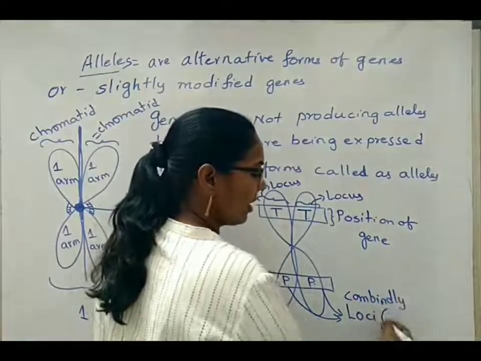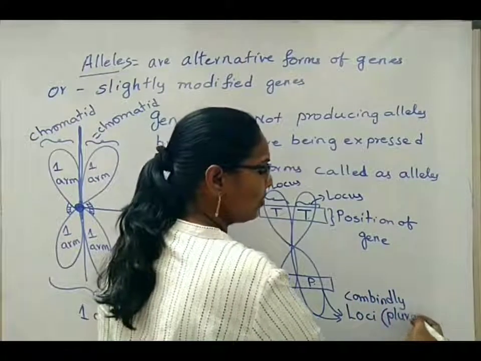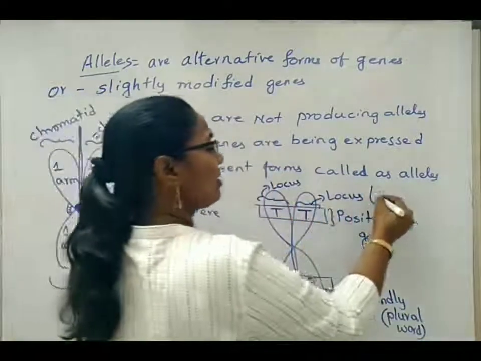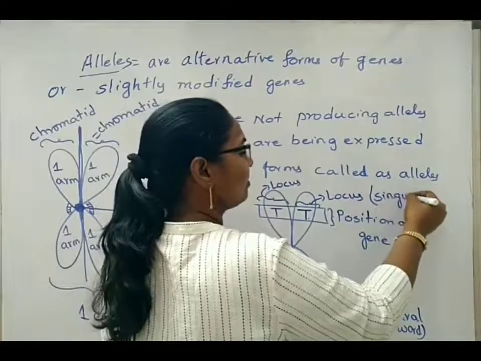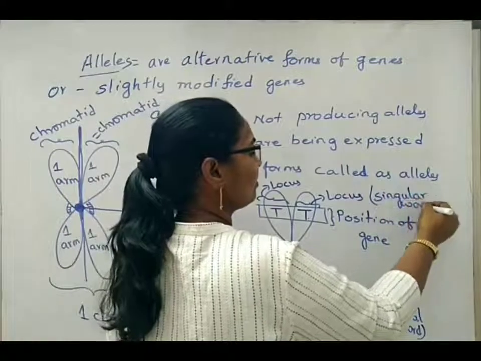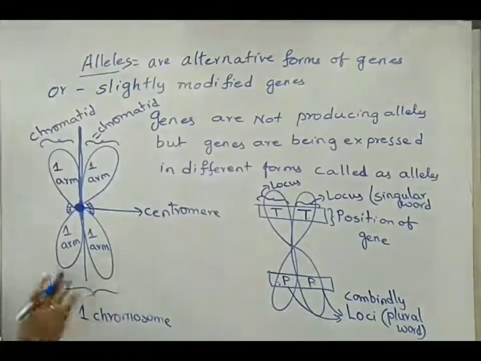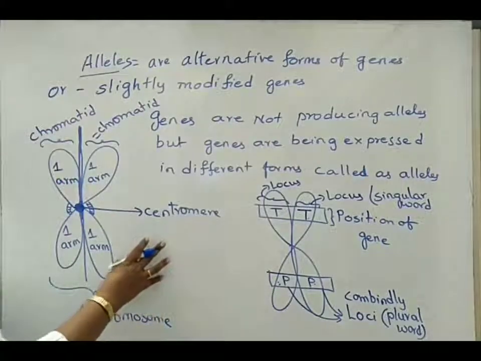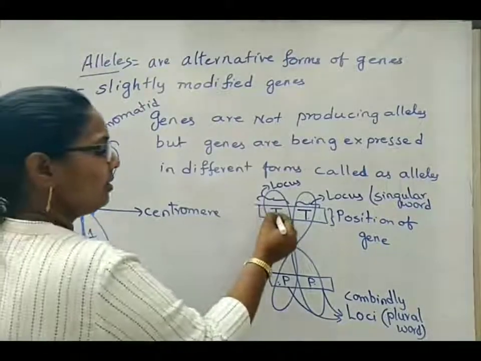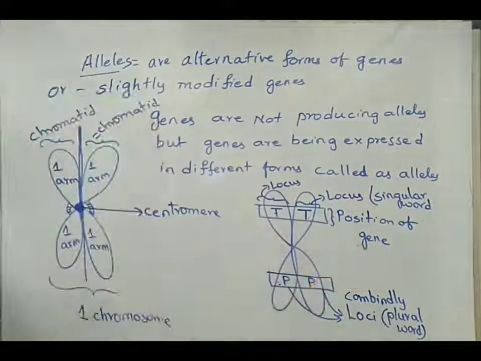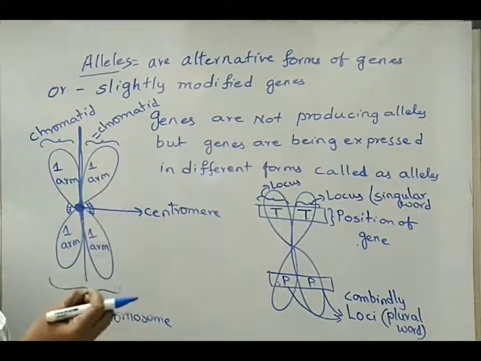So loci is a plural word. Locus is singular word. Now, this is about the position of the gene. Here I am telling this is one allele, this is one allele. Combinedly we are calling as gene. That also, please students try to remember such small hint points.